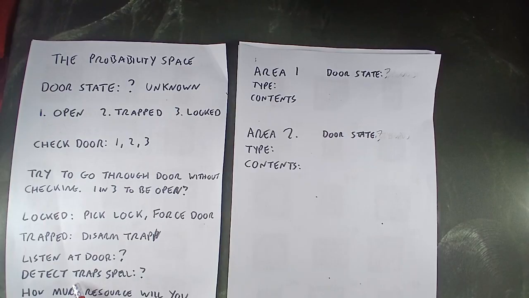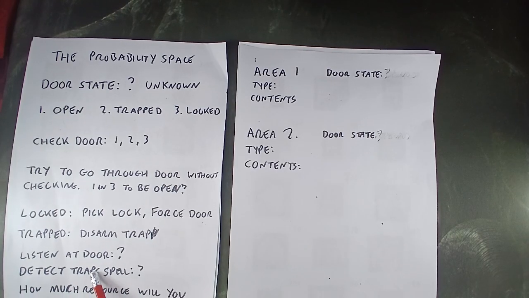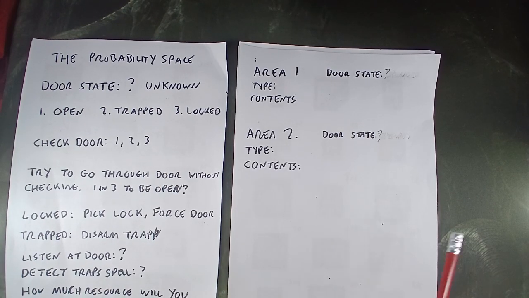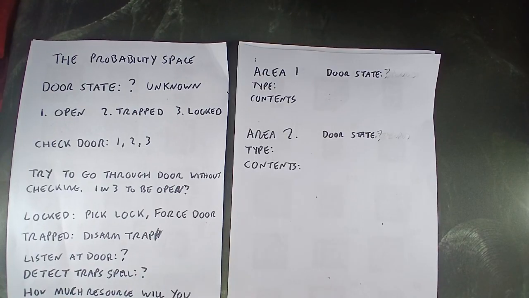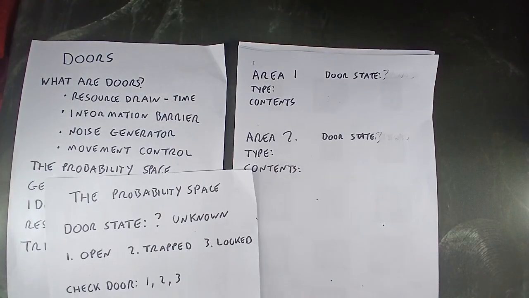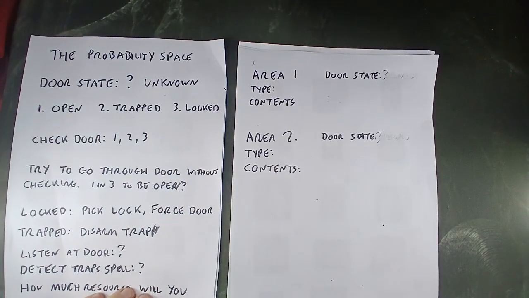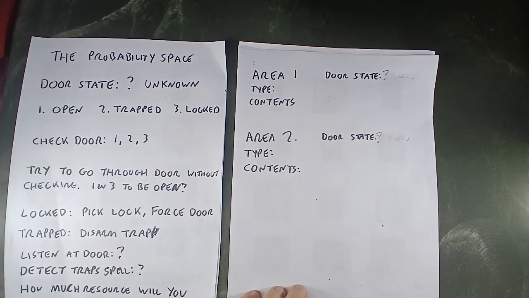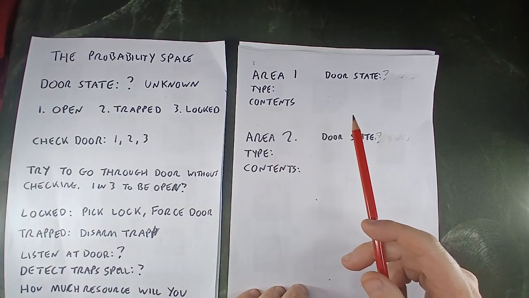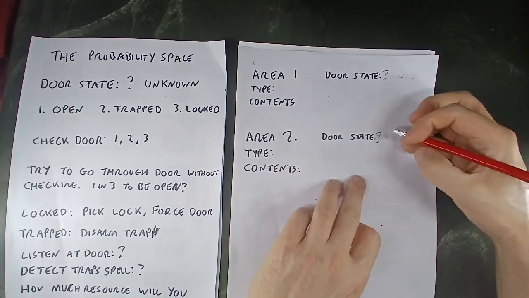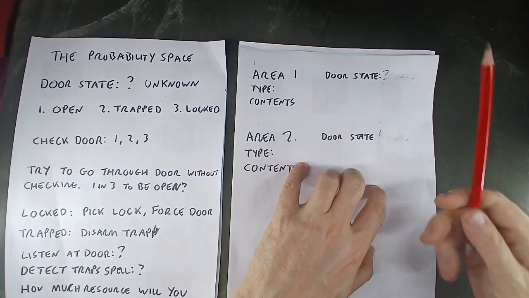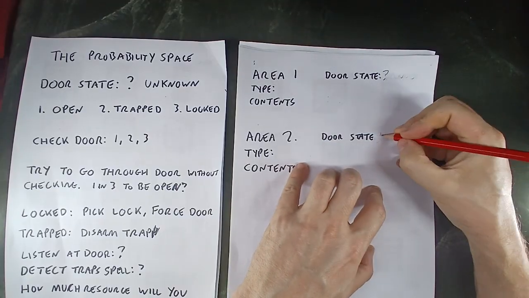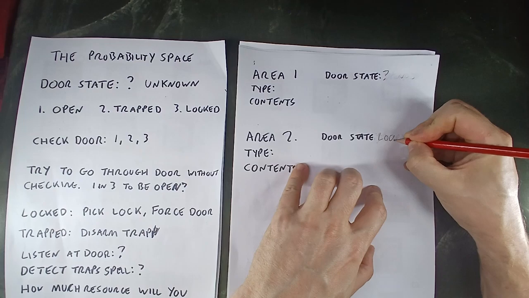So what would happen then, for example, if you wanted to listen at the door? As we said earlier, doors are an information barrier. I've rolled the door, I've checked it, and it works out that it's locked.